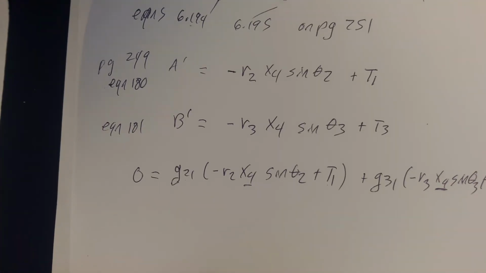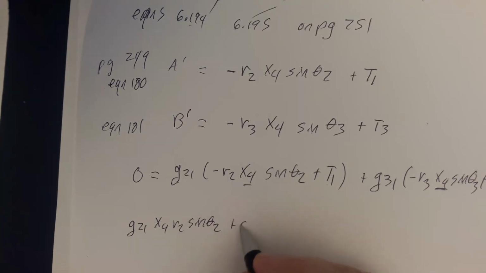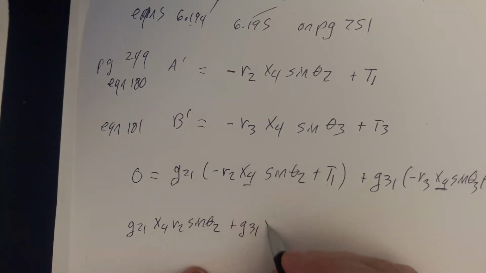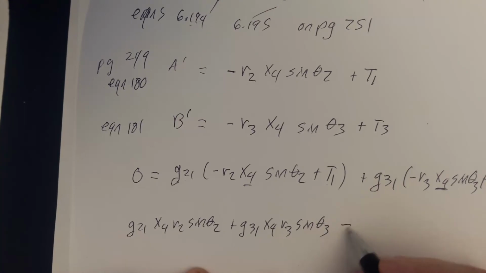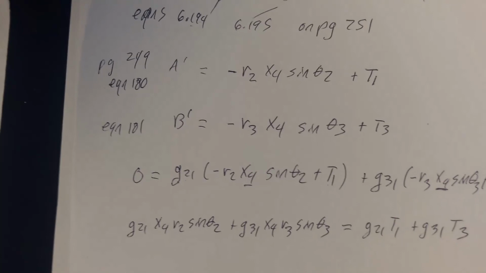Okay, and so what we'll get is G21 x4 R2 sine theta 2 plus G31 x4 R3 sine theta 3 is going to be equal to G21 T1 plus G31 T3.